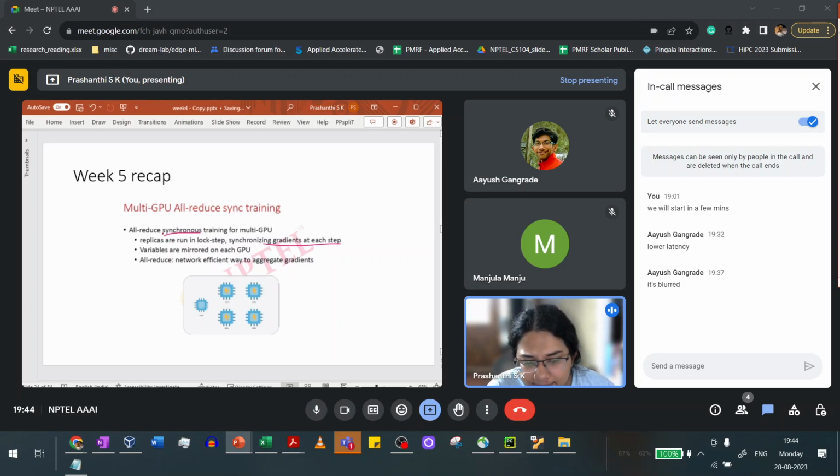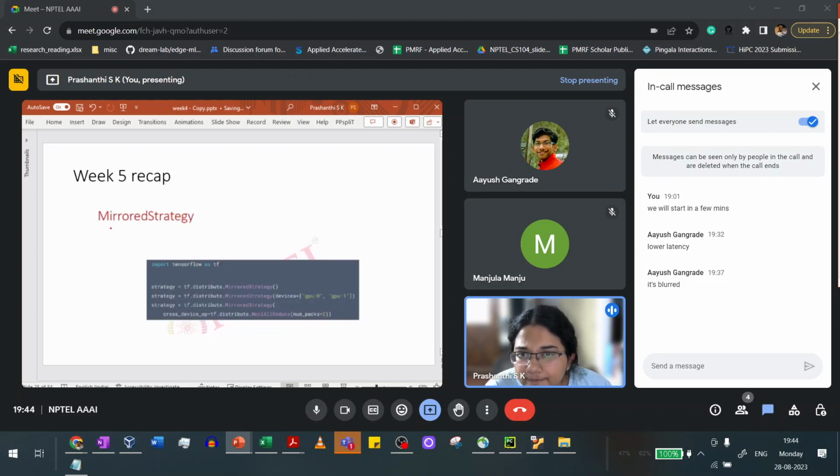Asynchronous, on the other hand, does not do that, so it has some impact on your convergence and final accuracy. Synchronous, because it synchronizes gradients at each step, does not affect the accuracy or the convergence at all. And all reduce is a very common thing that you'll find throughout HPC. It's a very efficient way to aggregate gradients.